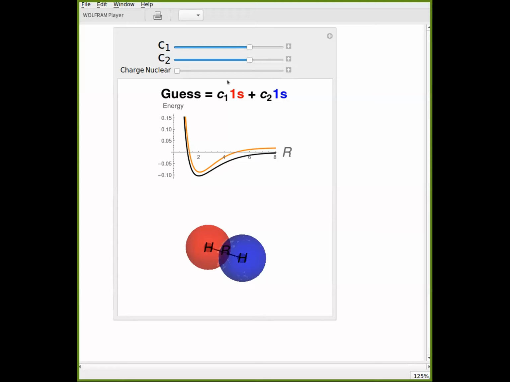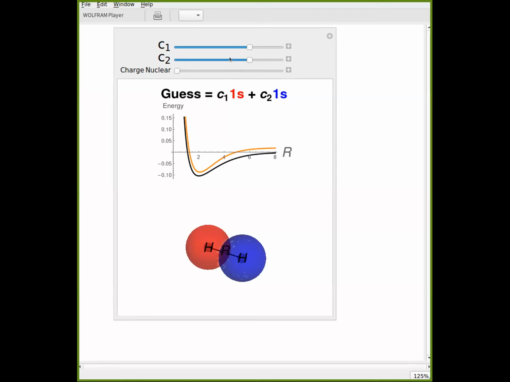We are changing coefficients, making a linear combination of atomic orbitals, changing coefficients to get the predicted energy, the orange line, lower and lower. And the better we can do that, the more accurately it will represent the black curve here, which is the true energy. And of course, in practice, we don't know the true energy, otherwise we wouldn't be doing this. And so the process basically boils down to finding coefficients that minimize the energy.